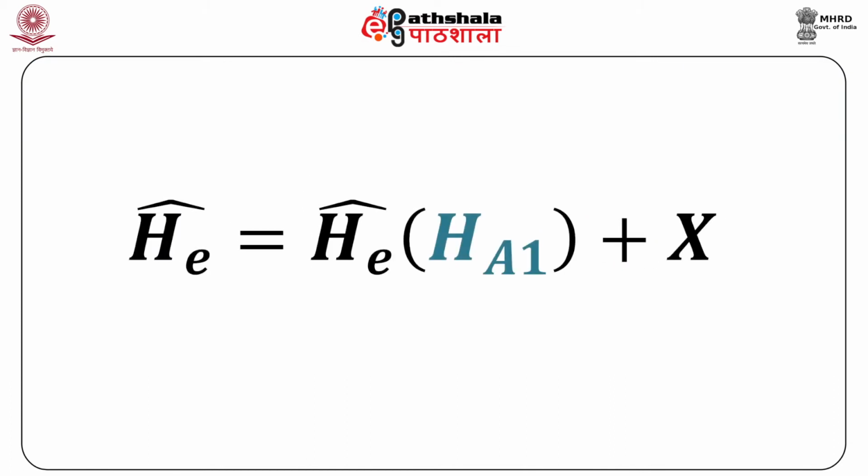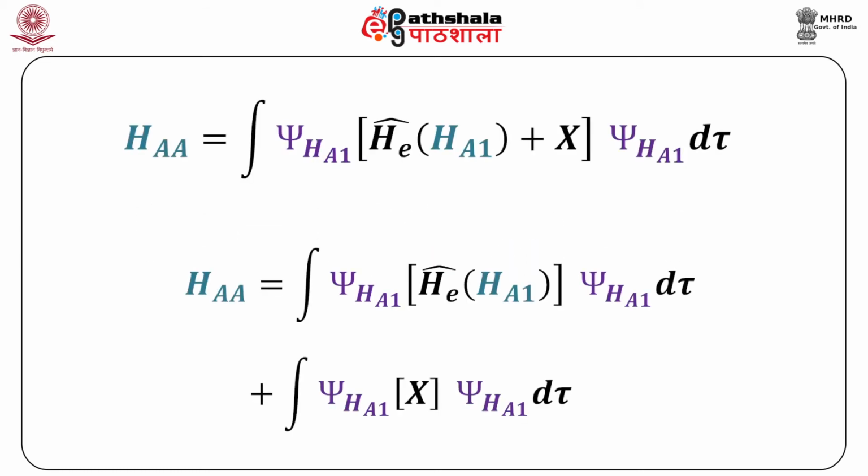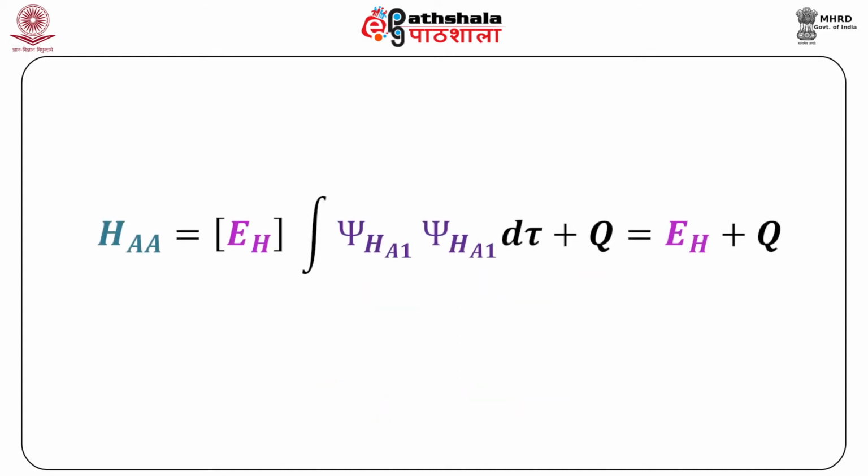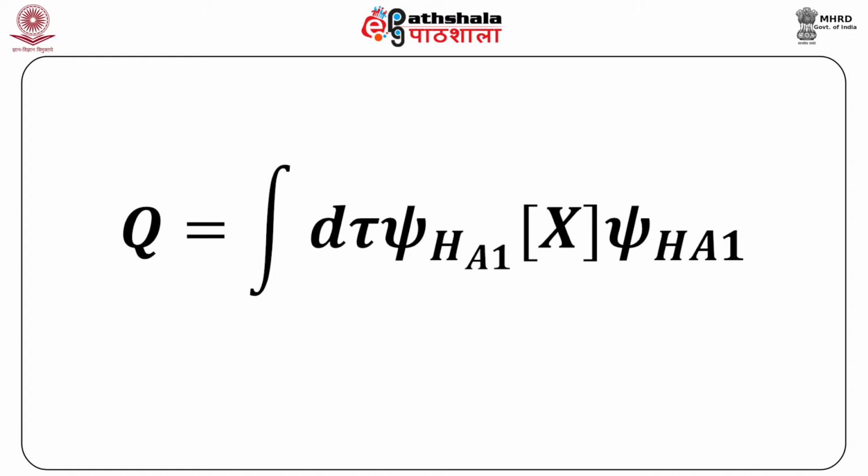If we substitute the expression for the electronic Hamiltonian in terms of x, and expand and solve it, ultimately we get two terms: HAA is equal to EH, which comes from the integral d tau psi HA1 squared, which is 1, plus Q. Q is an integral defined by the integral d tau psi HA1 x psi HA1.